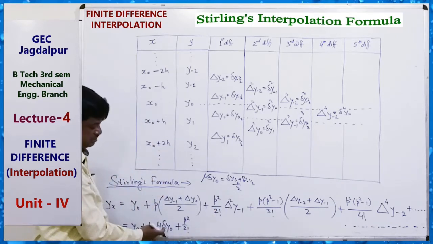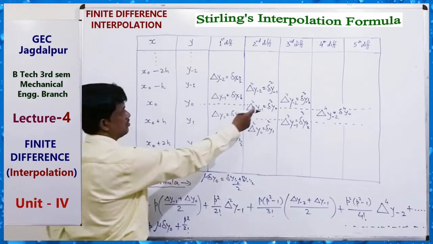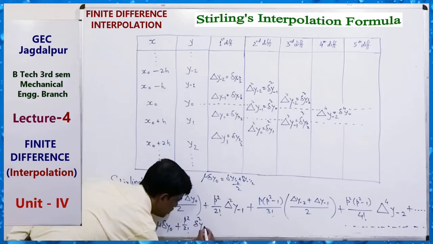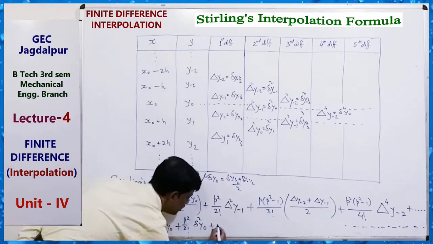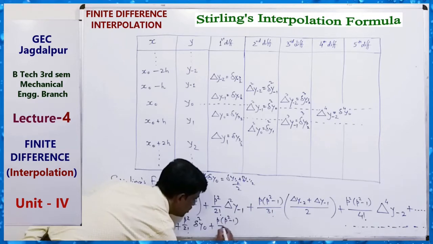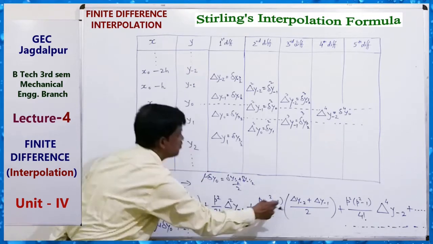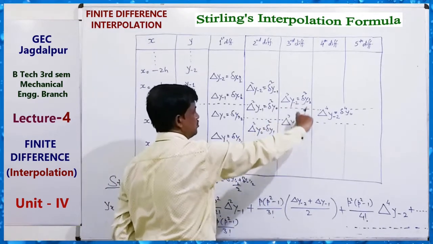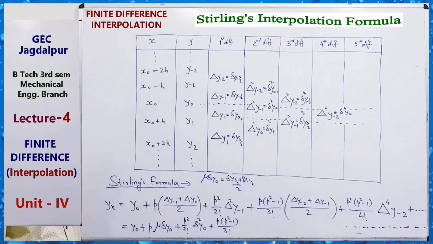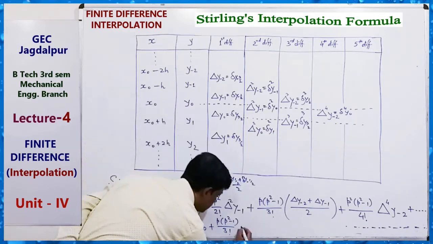Without average, delta square y0. Delta square y0 plus p times p square minus 1 by 3 factorial. Now the average of these two.